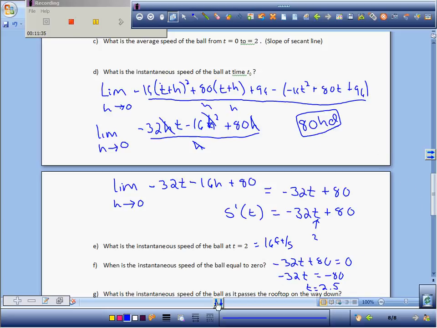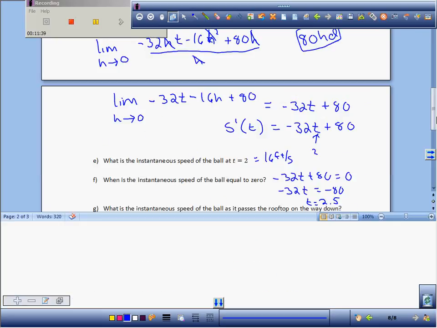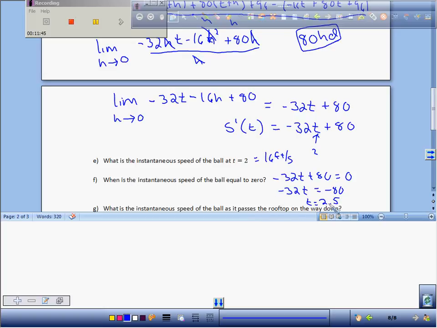Then going down, it says, what is the instantaneous rate of change as the ball passes the roof on the way down? Remember from before, that was 5 seconds, right? So I plug in 5 in there, yes?